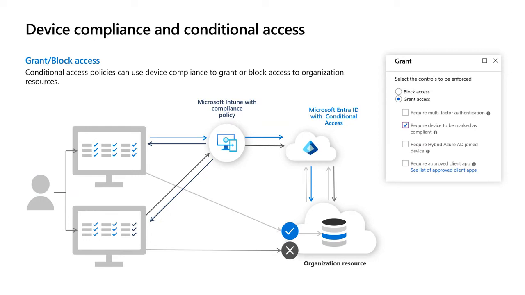Sometimes you might create a compliance policy and something might be misconfigured. I've seen this happen in an organization where all of a sudden devices were not showing as compliant, although they were technically compliant, right? So you want to monitor these devices and make sure they're showing up correctly before you enforce any of these conditions.